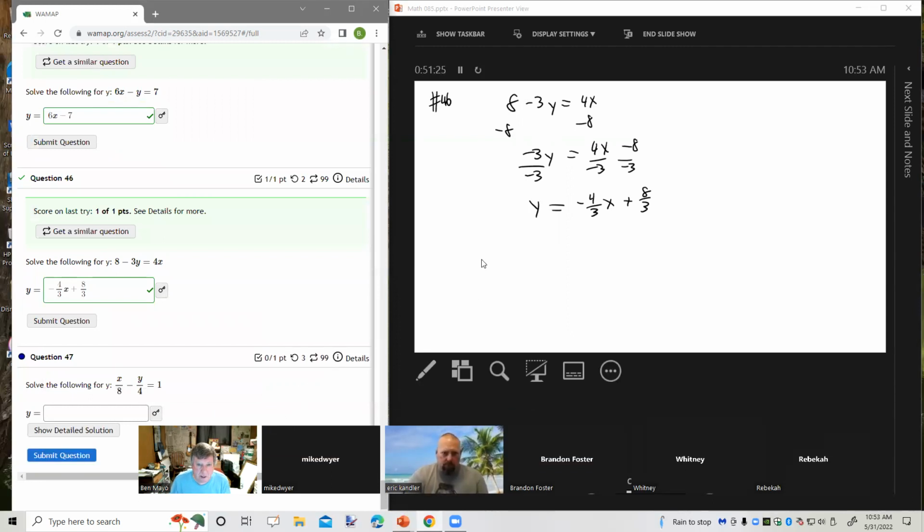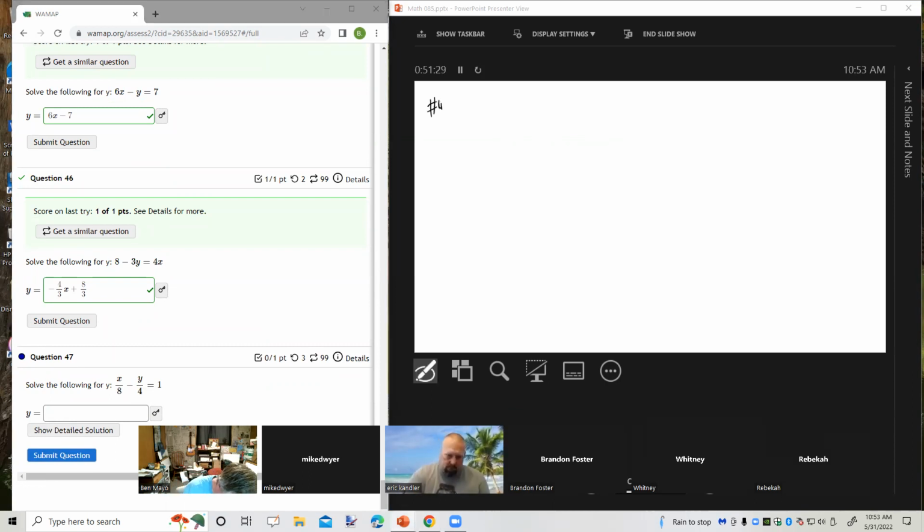Solve the following for y, number 47. Let's see, x over 8 minus y over 4 equals 1. I'm going to subtract x over 8 from both sides. So I get negative y over 4 equals negative x over 8 plus 1. I'm going to multiply both sides by negative 4.